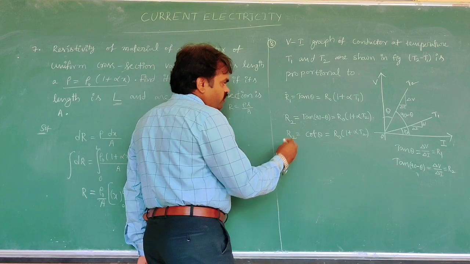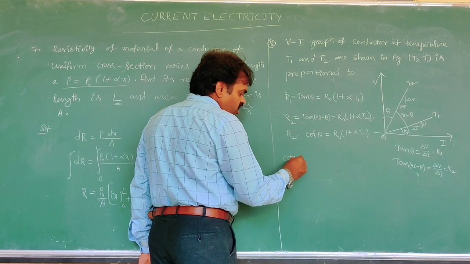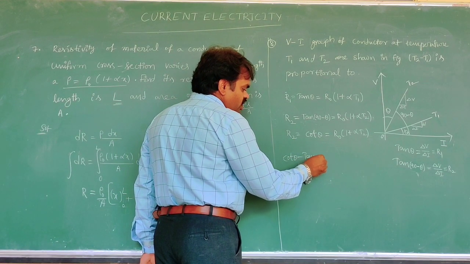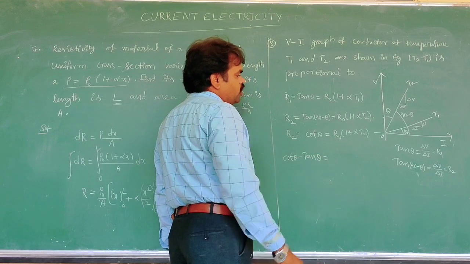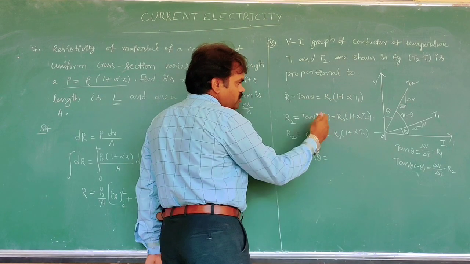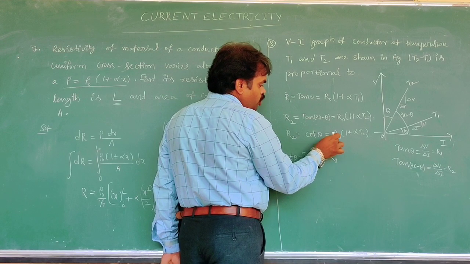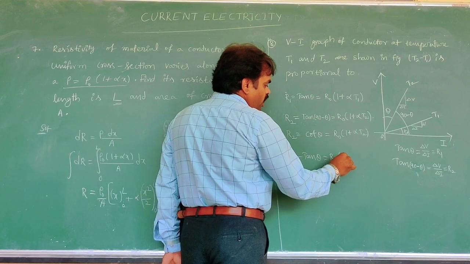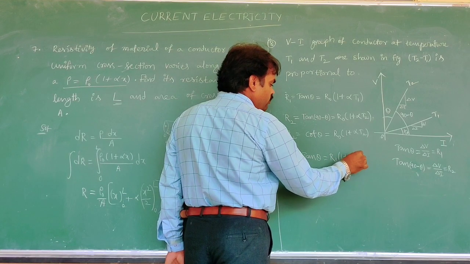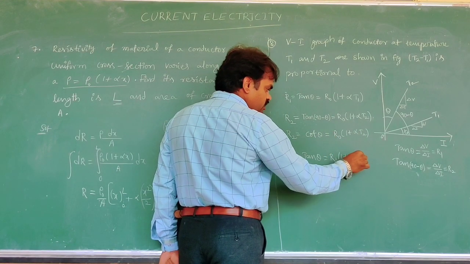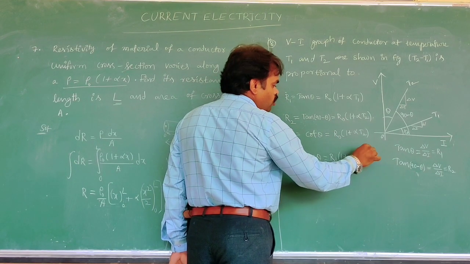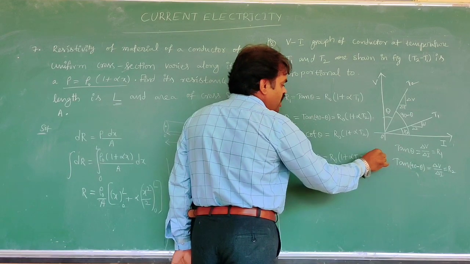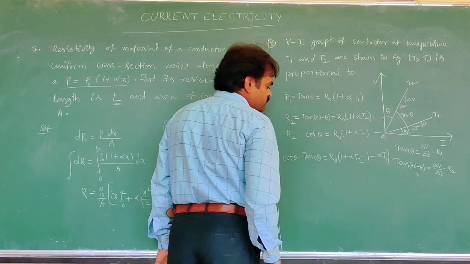Now we find cot theta minus tan theta, which is equal to, R0 is common in both terms, R0 into 1 plus alpha T2 minus 1 minus alpha T1.